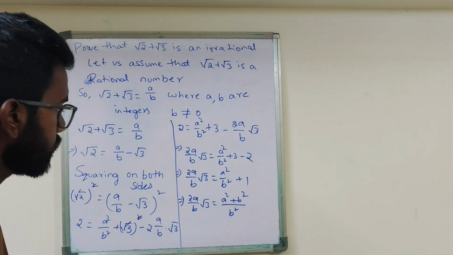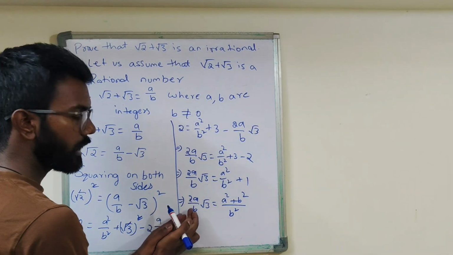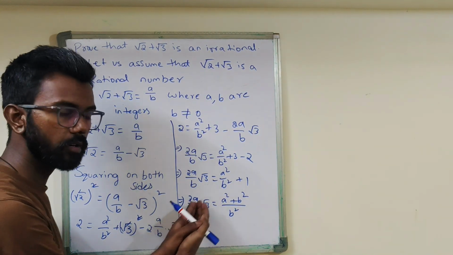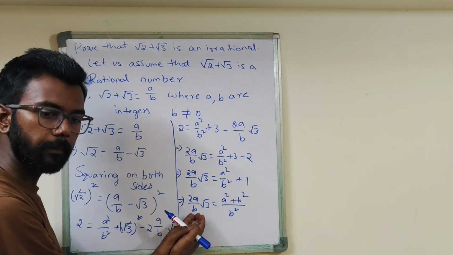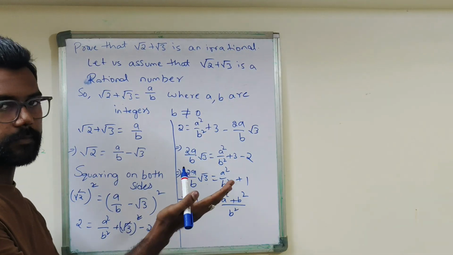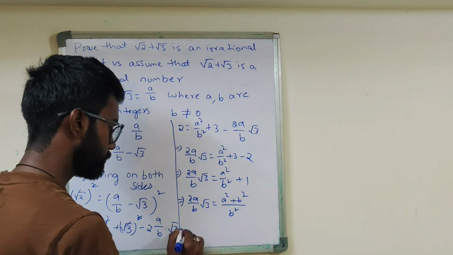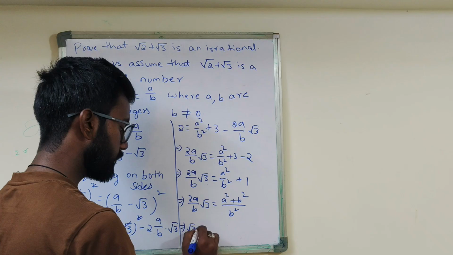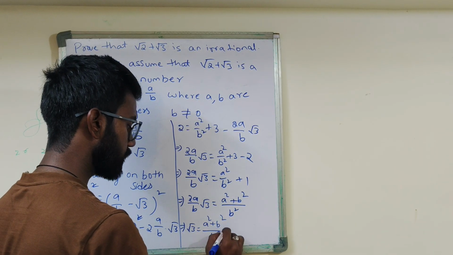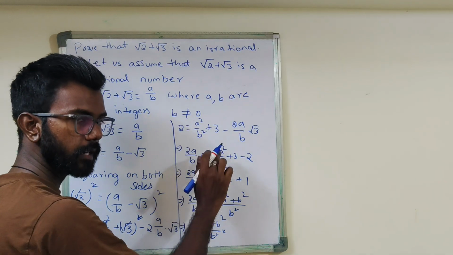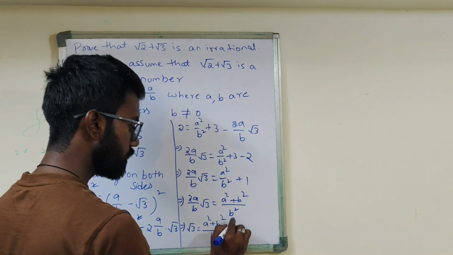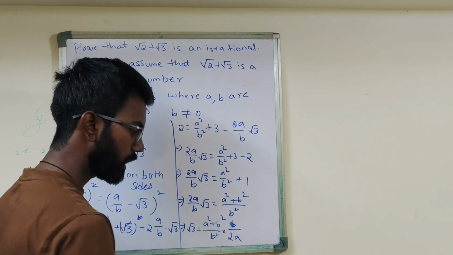Clear? Now here 2a by b is there. I am transposing only the 2a by b term to the right side. Here it is a multiplicative term, so if you transpose it, it will become the reciprocal. So root 3 is equal to a square plus b square by b square into b in the numerator, 2a in the denominator, so b by 2a.